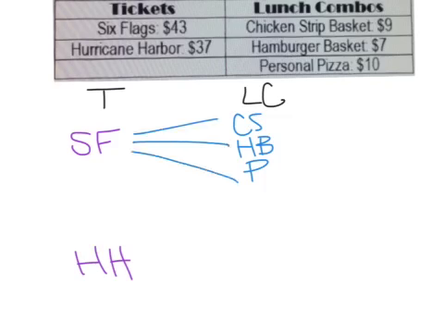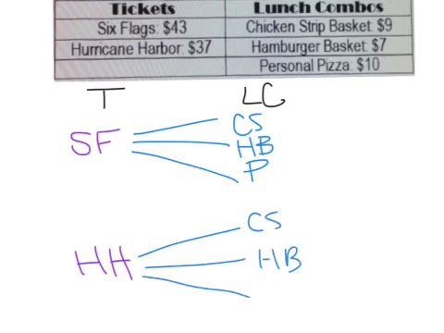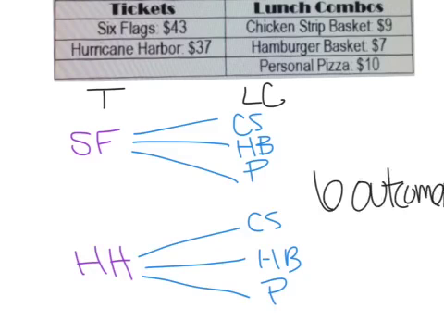And then at Hurricane Harbor, I can get a chicken strip basket, a hamburger basket, or a pizza. Well, that was easy enough. How many options do I have to choose from for my trip? If I only go to these 2 places, then I have 6 outcomes or 6 options to choose from.